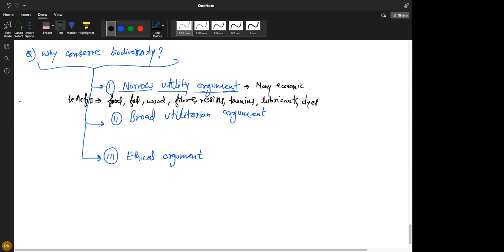No problem. And someone will say that, okay, if you don't want to worry about the narrow utility argument, conserving nature also has a broad utilitarian argument. So broad means something for which you cannot find an alternative.